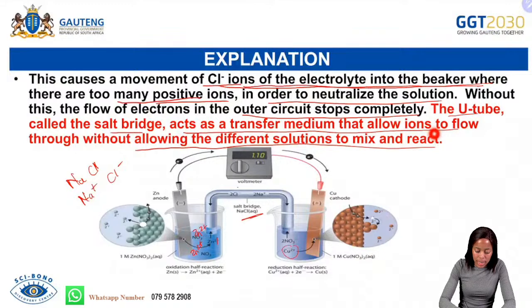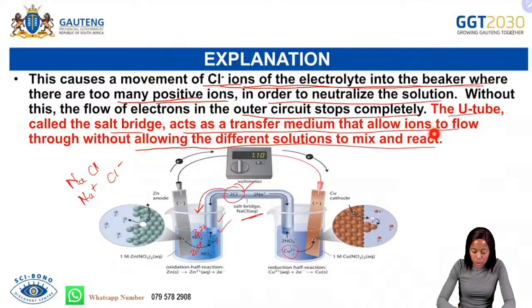So we are saying that the chloride ion in this case will therefore want to move where there's a lot of what? Positive ions. Remember we said on the anode, there's a lot of positive ions. So to neutralize, the chloride ion will move where there's a lot of positive ions because the chloride ion is what? Is negative.